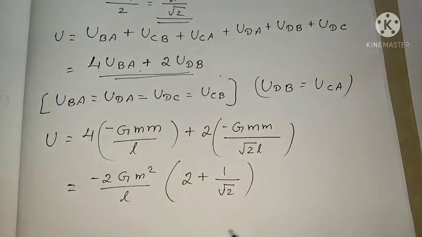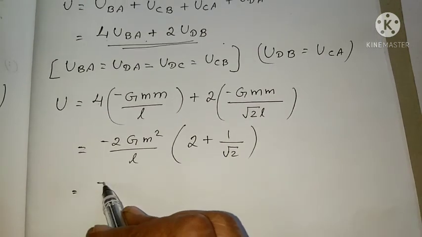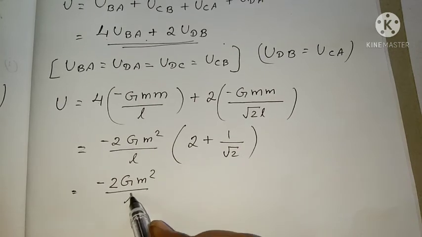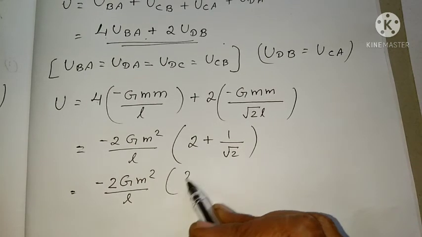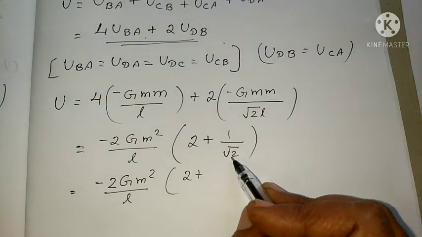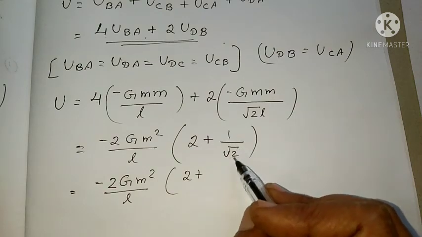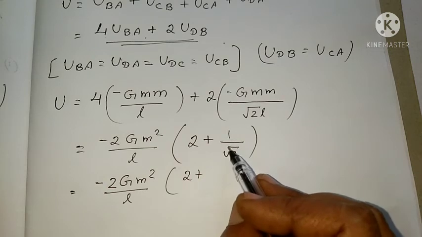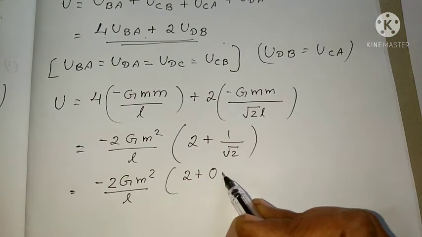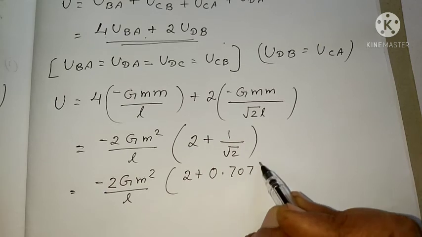Clear? Again, minus 2 G m square by L into 2 plus 1 by 1.414. That is root 2 equal to 1.414. When we divide, we get the answer 0.707.